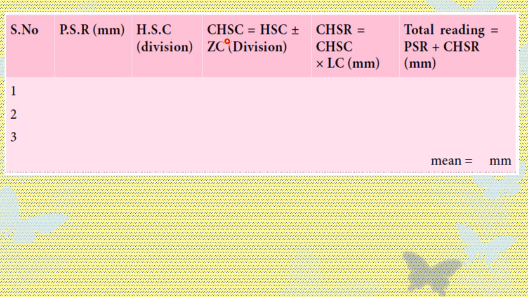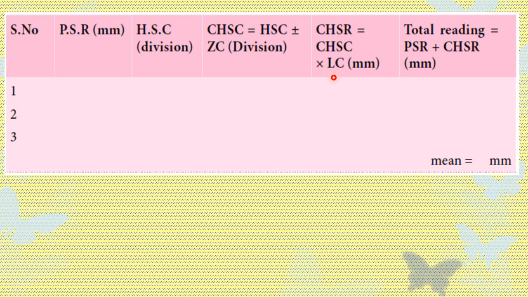The CHSC, corrected head scale correction, is equal to HSC plus or minus zero correction division. And the fourth column, CHSR, is equal to CHSC, the corrected reading, multiplied by the LC.